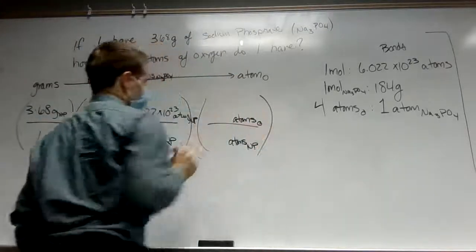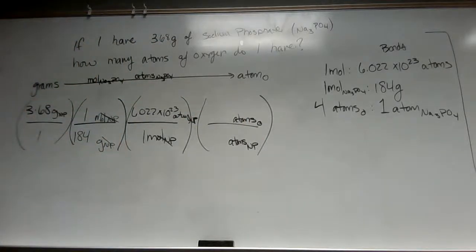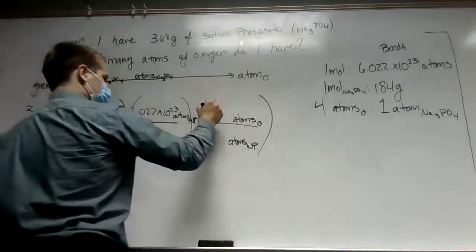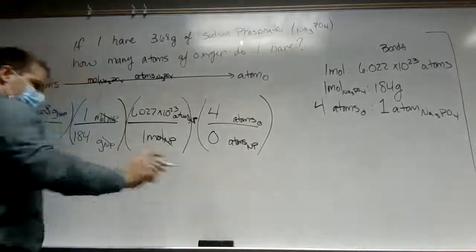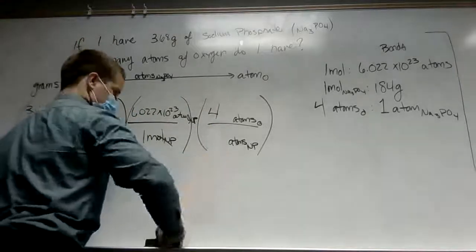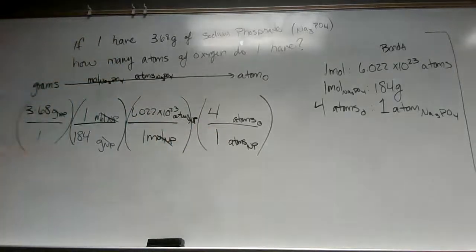Atoms of oxygen. And what's our conversion? 4 atoms of oxygen for every atom of sodium phosphate. What questions do you have here? Does this make sense?